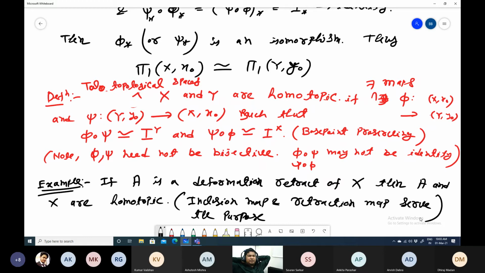They may not be subsets of each other, but still they can be homotopy equivalent. Can you give one quick example which is not a deformation retraction but homotopic?